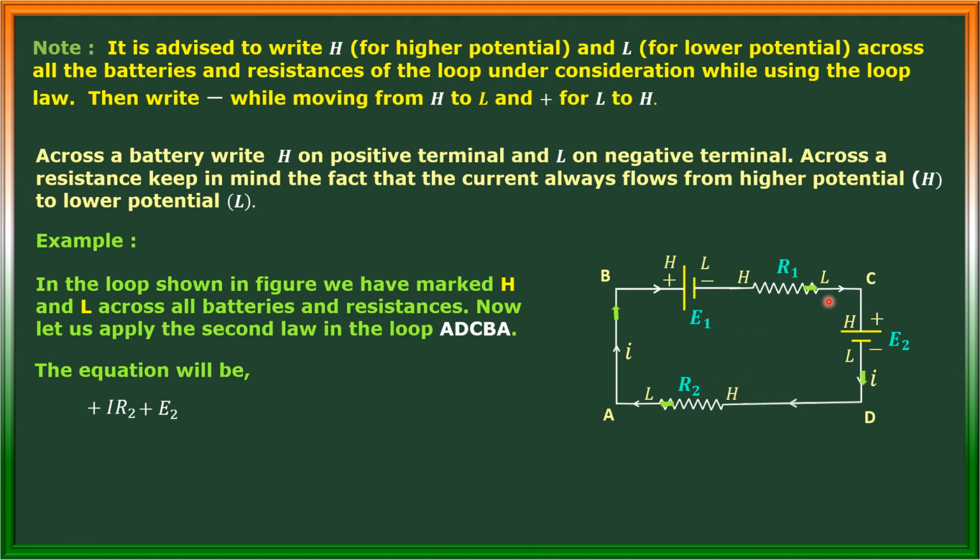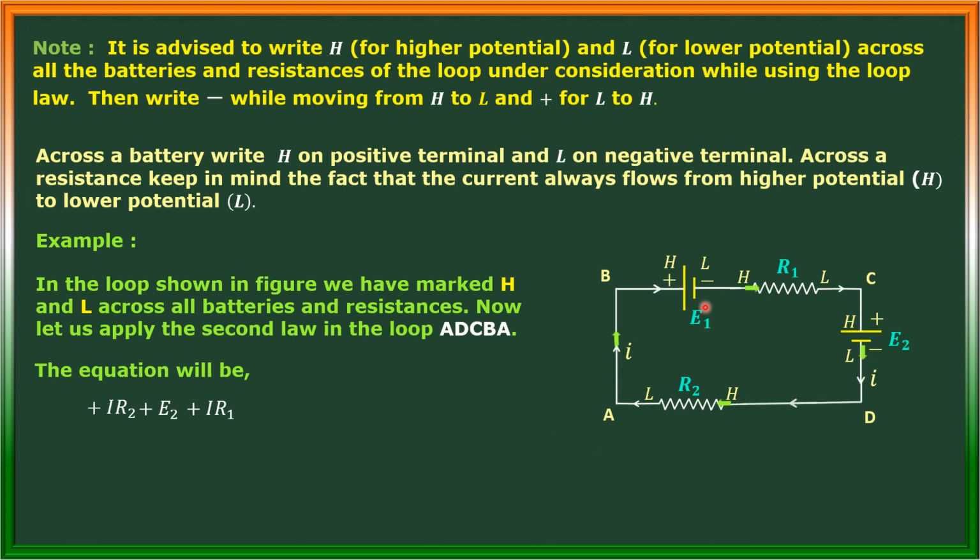So you take the potential difference across the resistor R1 as plus IR1, and here, battery L to H, lower to higher, I am moving. So when the potential increases you should take positive, when potential decreases while crossing any element you take minus.